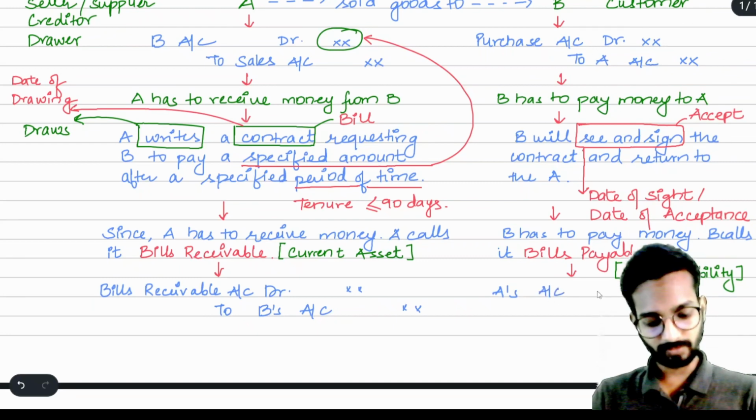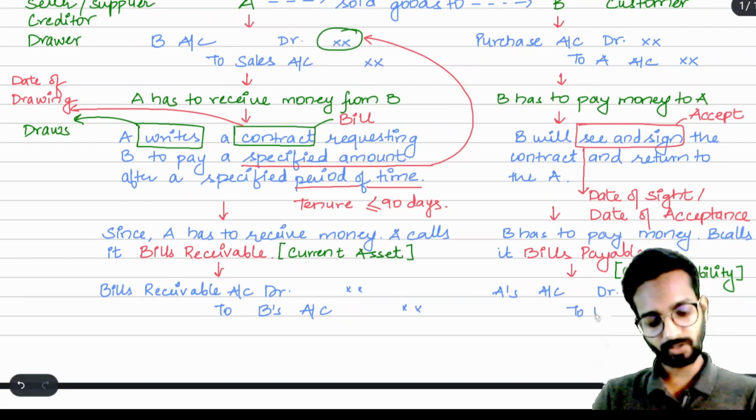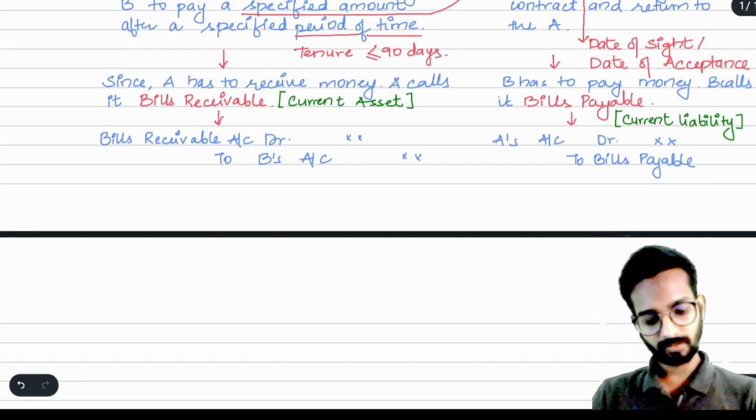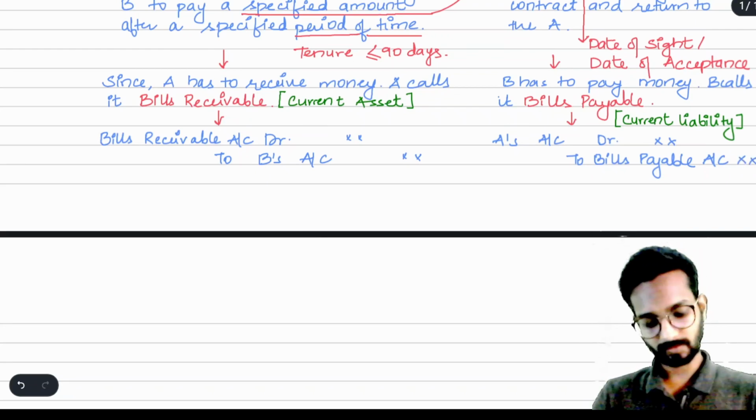A's account debit to, did he give cash? No. What did he give? He gave a bill. So he will write to bills payable account, and this is how the journal entry should be passed.